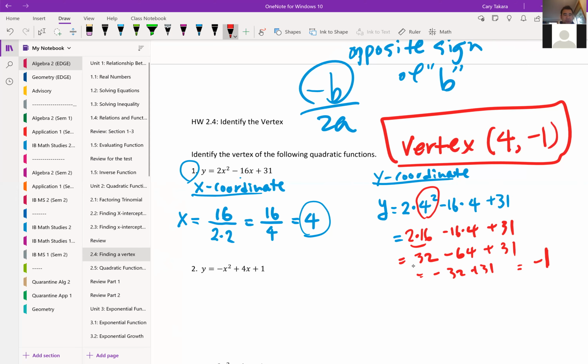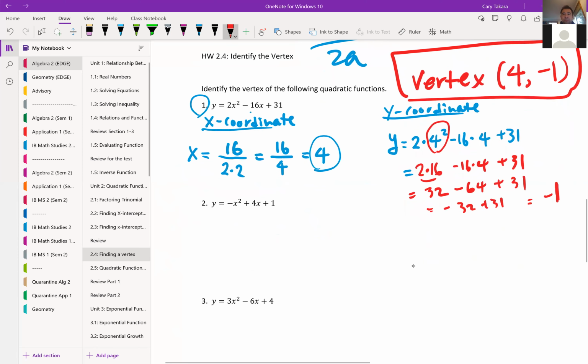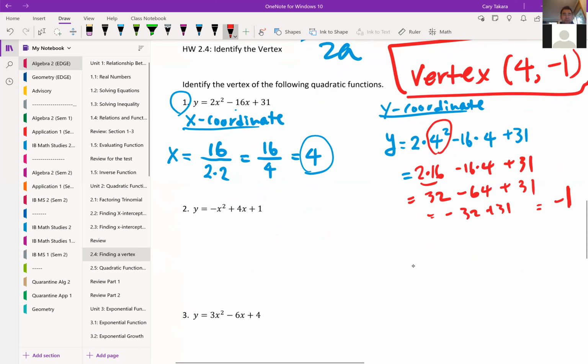Okay, number 2. I'm going to let you all do this by yourselves, okay? So let's find the x coordinate. Let me give you a minute.